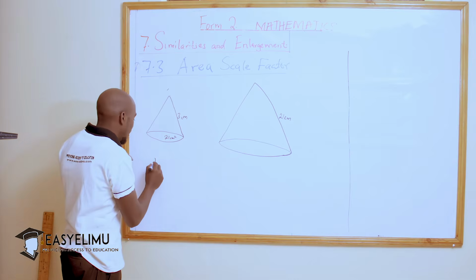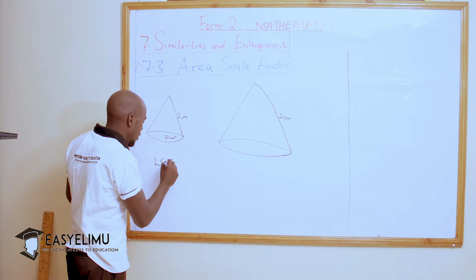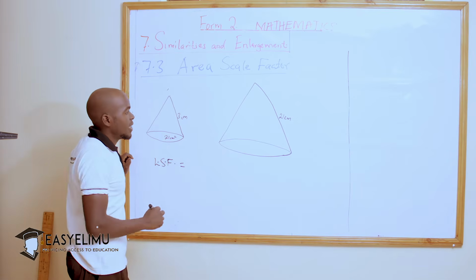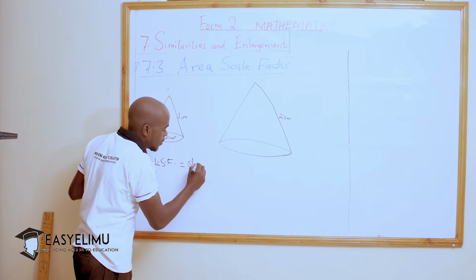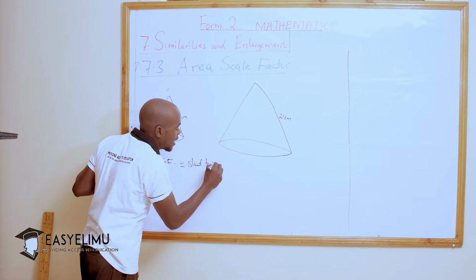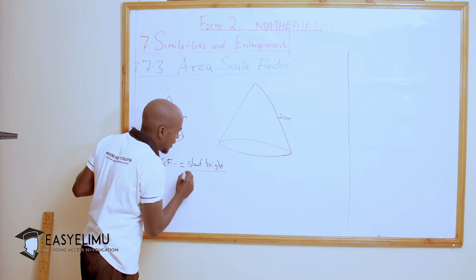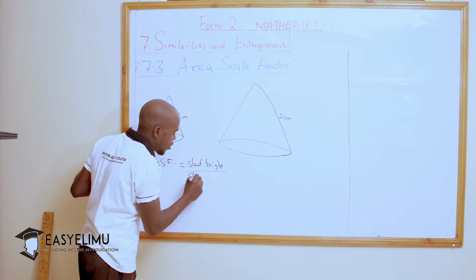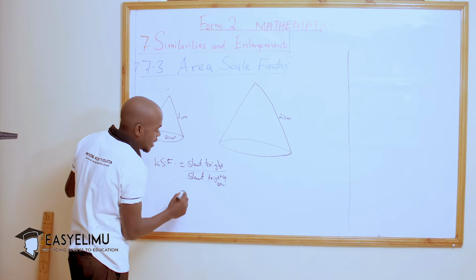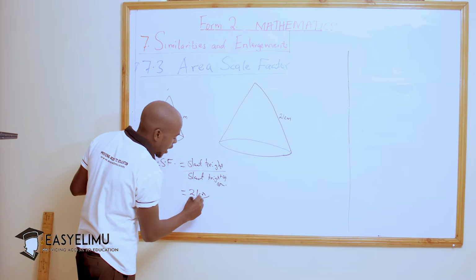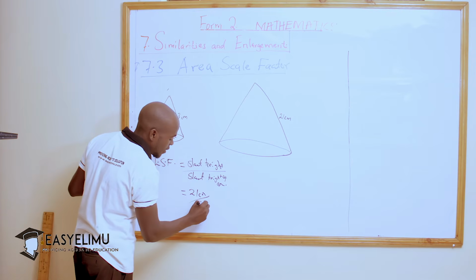To find linear scale factor, we take the slant height of the larger cone over the slant height of the smaller cone. The slant height of the larger cone is 21 centimeter and that of the smaller cone is 3 centimeter.